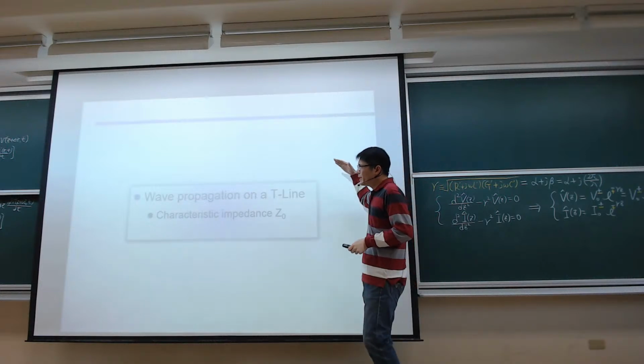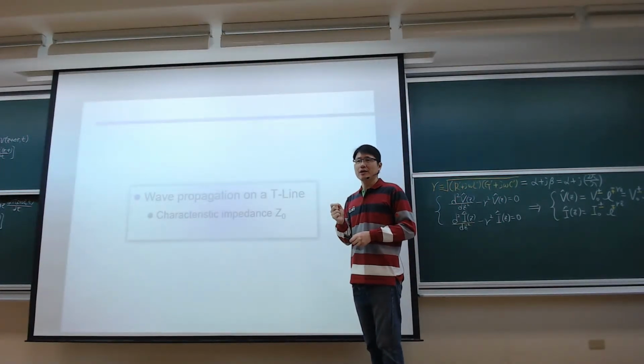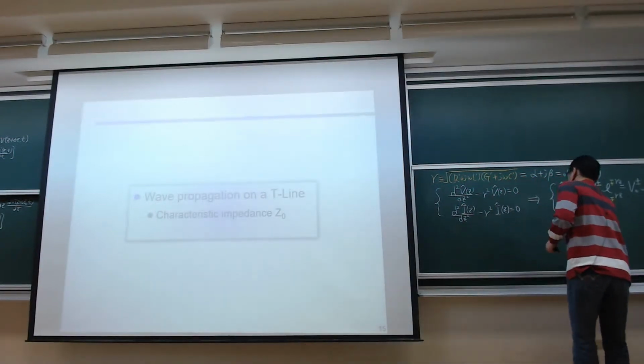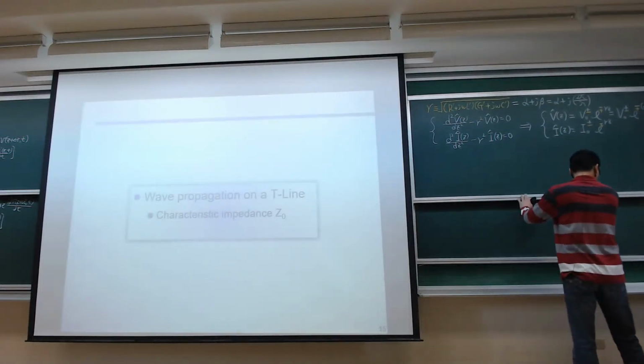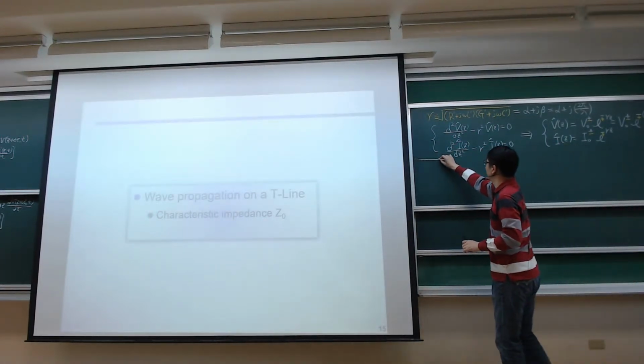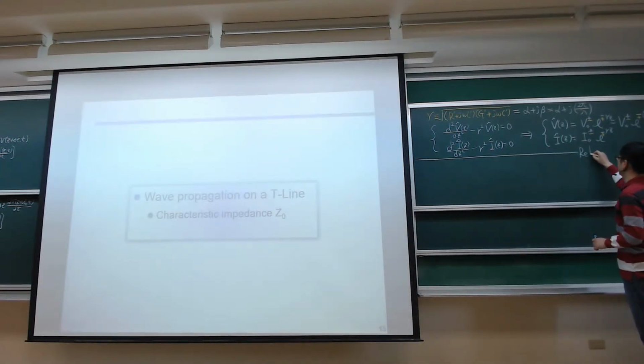So now we are in the process of simplification and reducing the number of unknowns. So let me plot a line. So, reducing the number of unknowns.